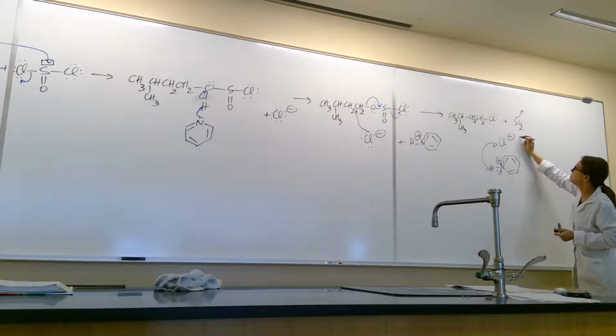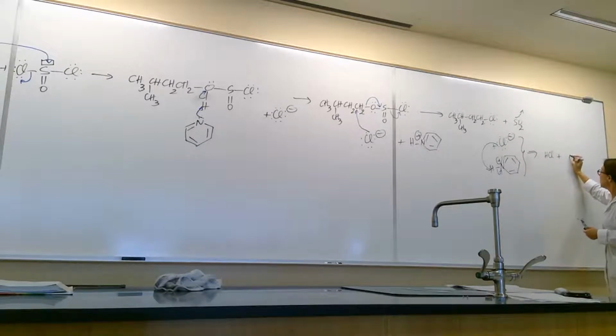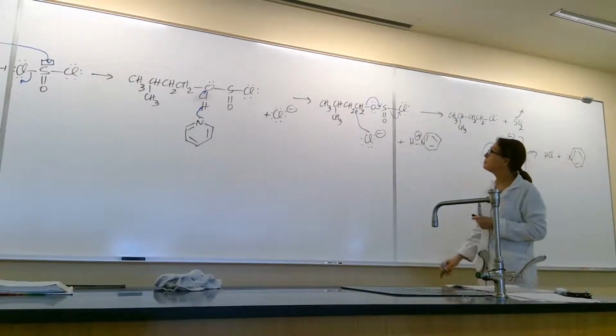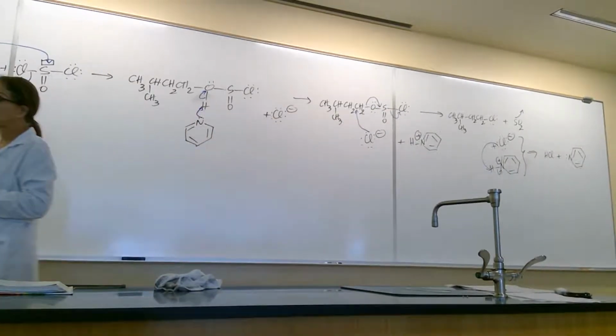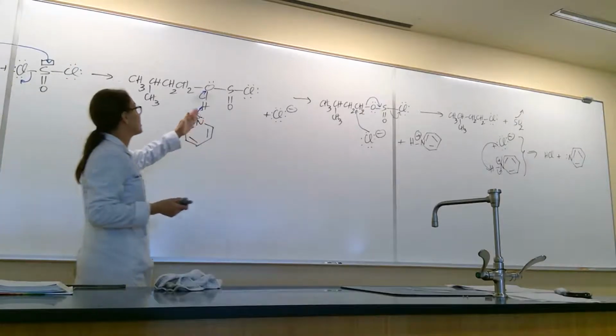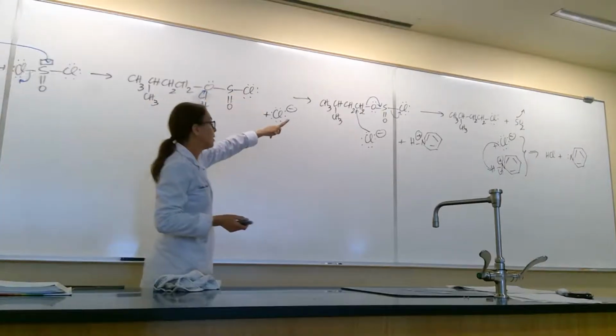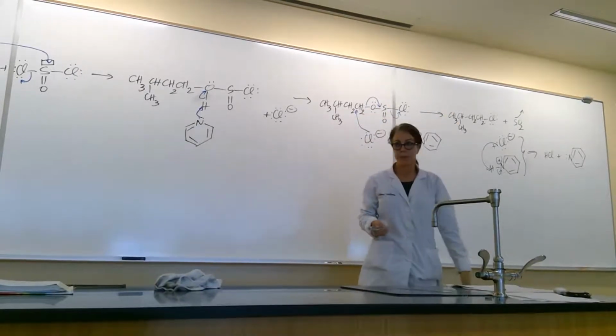So these two will produce HCl plus pyridine. So SOCl2 is one of the best because it really drives the reaction to completion. So the only difference here from the previous scenario is that this opens, but in here, to open this, literally, you have to form SO2 and the other chloride.